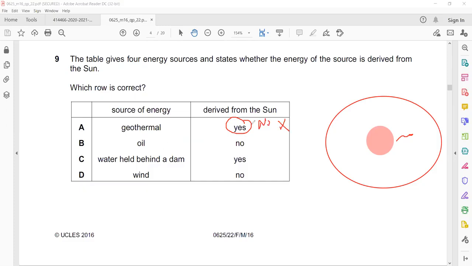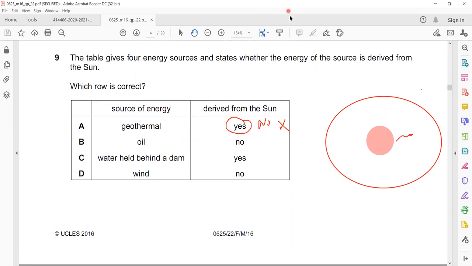Oil is derived from the sun. Basically, what is oil, coal, gas? These are the fossil fuels, and the origin of fossil fuel is the sun. How is the sun the origin?